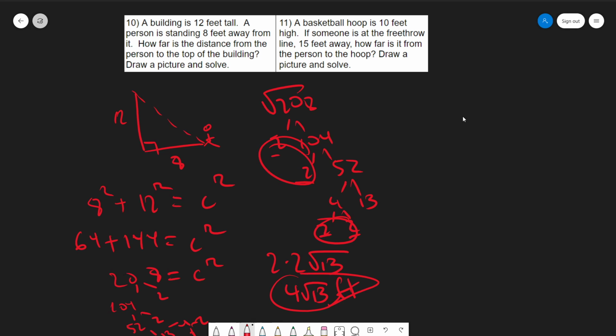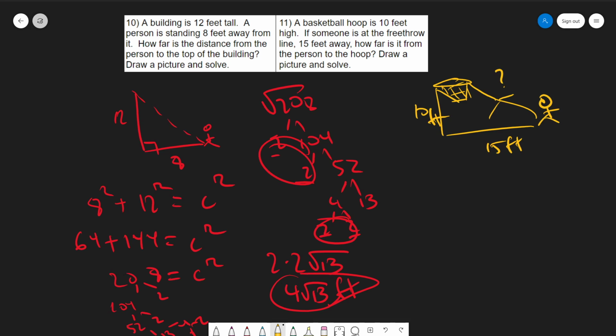Excellent. And we're going to do this last one over here. We've got a basketball hoop that is 10 feet high, and someone is at the free throw line 15 feet away. How far is that person from the hoop? Wow, that person's gigantic. So we want to find that same thing. 10 squared plus 15 squared is equal to C squared.